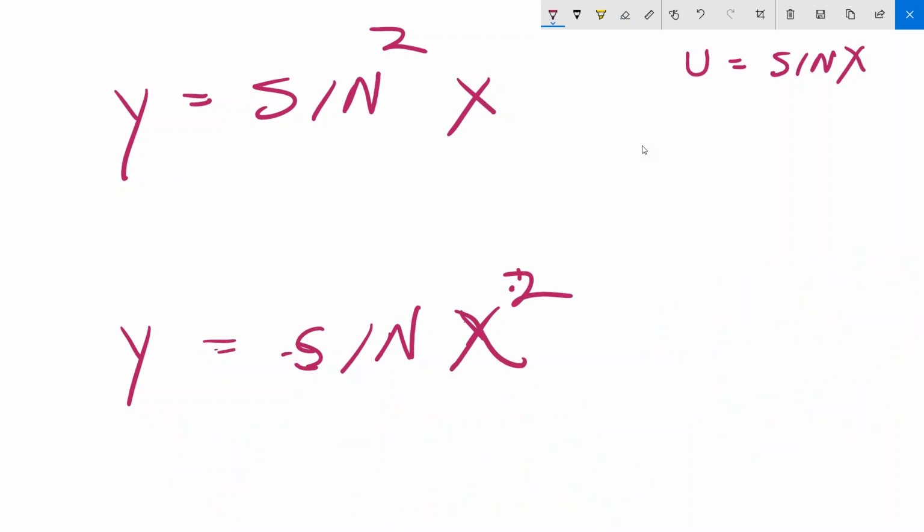The first case, the inside is sine x. In the second case, the inside is x squared. Is u the inside or the outside? The inside. So this first one is actually u squared, whereas the second one is the sine of u.